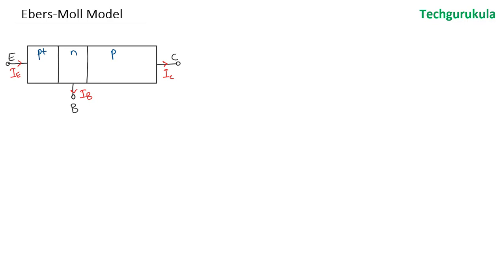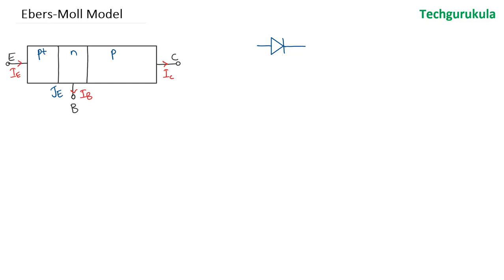If you observe here, we have an emitter junction in between emitter and base, which is a PN junction. So let me draw a PN junction here, similar to the PN junction that we have near the emitter, which is the emitter junction.